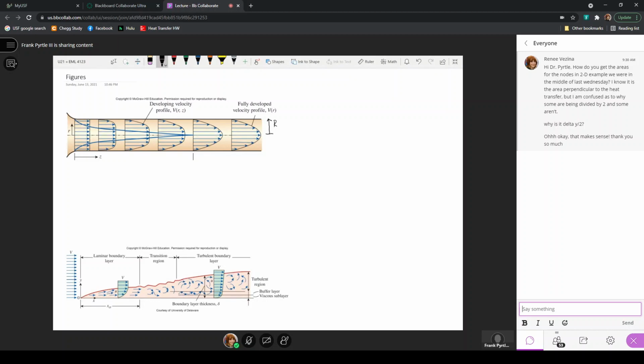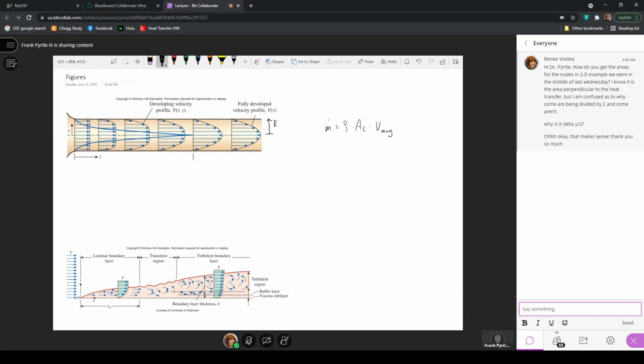And so it starts to slow down the molecules right next to the surface. Well, we also know that for steady flow, the mass flow rate is the density times the cross-sectional area times the velocity. Now, this velocity is the average velocity through the pipe.